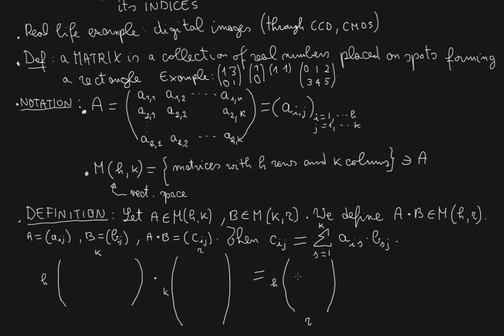Now, let's say the Cij lies here. It will be in the ith row and jth column.